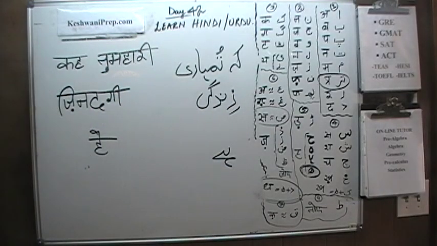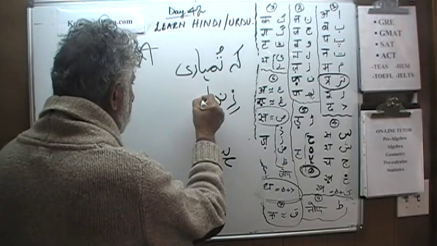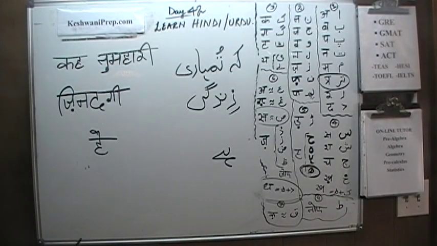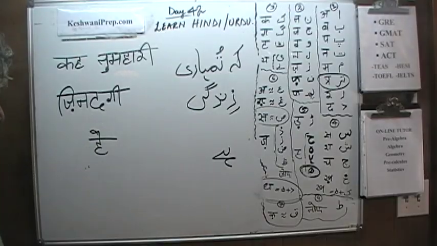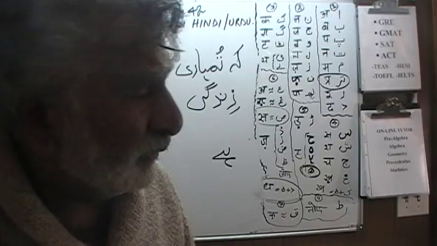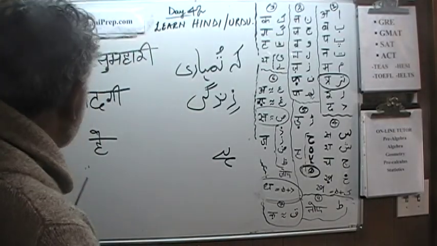That's how you write it. It's a little sloppy, but it doesn't matter. People will still be able to read it. Zindagi. That's how it will look. Ke tumhaari zindagi hai, that your life is, that's what it says so far. Ke means that, and we'll see what the next part says.